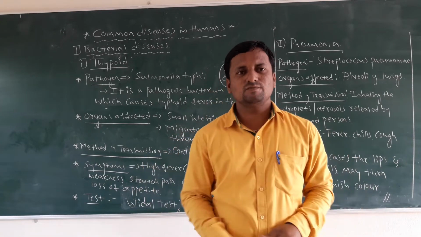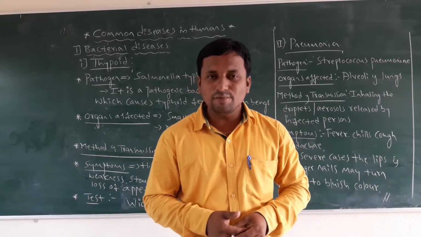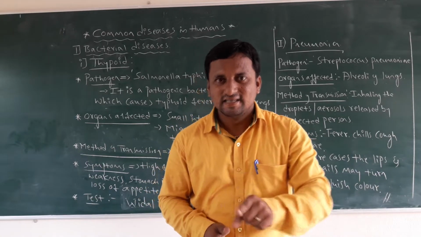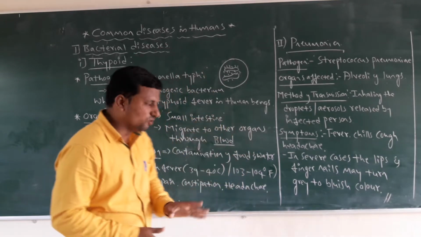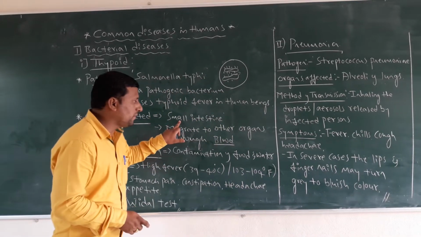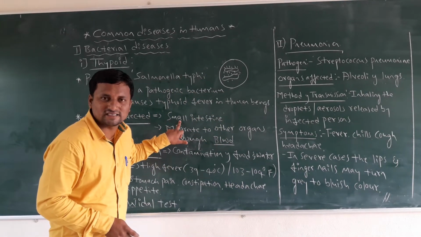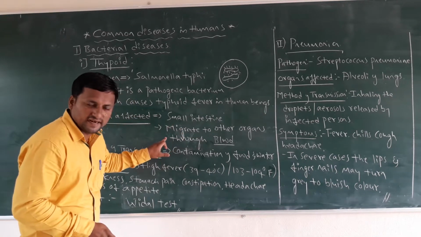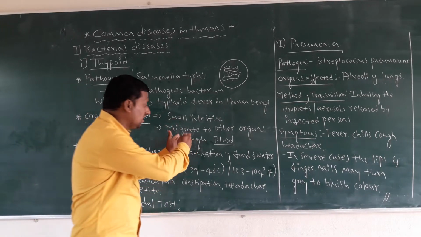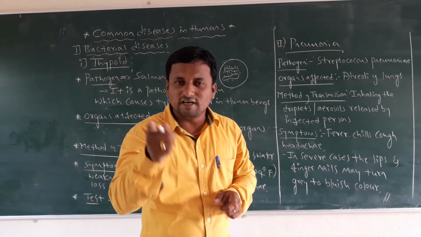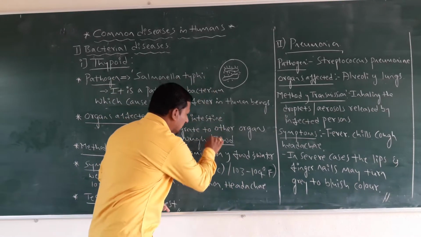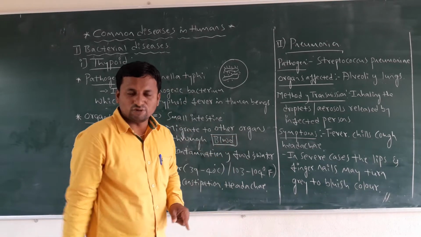If appetite decreases, we slowly lose our immunity. The bacteria are present in the small intestine, and then they migrate to other organs through the circulating fluid of the body, the blood.